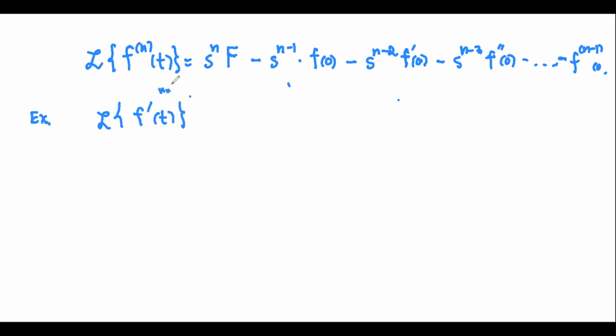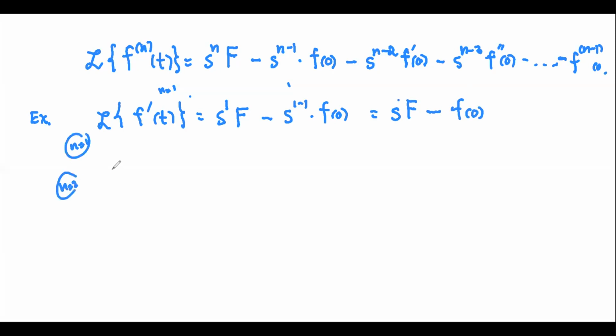So it is going to be s to the first multiplied by F, the Laplace transform of f of t, the solution, minus s to the 1 minus 1, which becomes s to the 0, multiplied by f at 0, and you stop right there. Or just s multiplied by F subtracted by the initial condition f at 0. This is n equals 1.